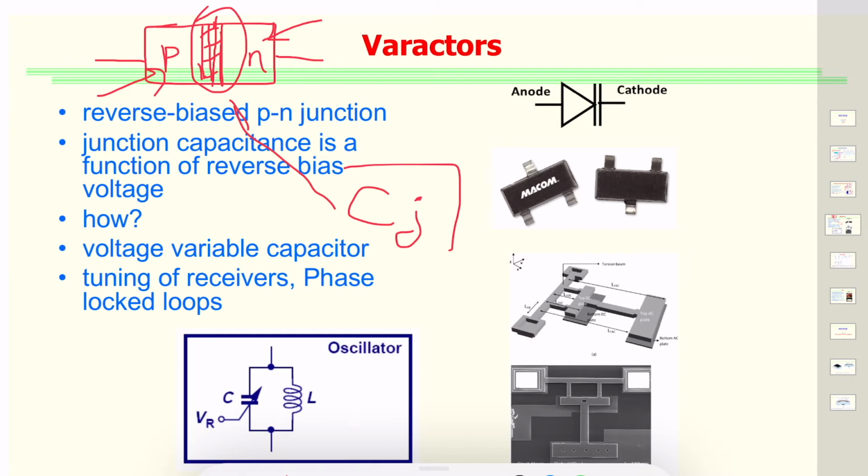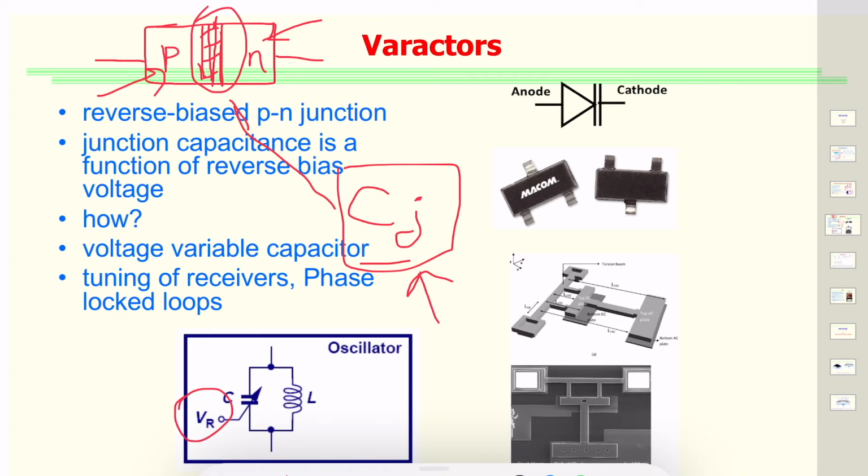So there is an additional capacitance that comes up, and this exhibits a charge storage effect, and this can be used to our advantage, where we say that Cj is a function of the reverse bias voltage Vr, which is shown here.